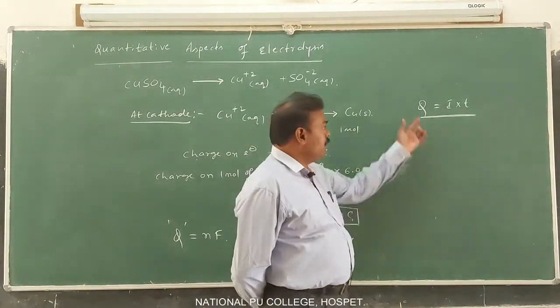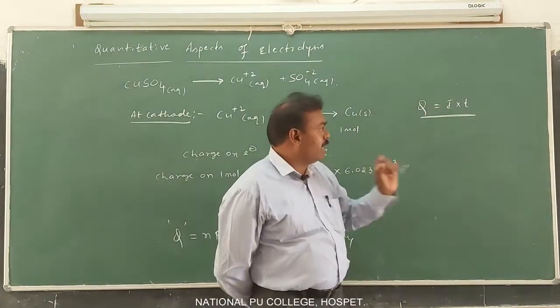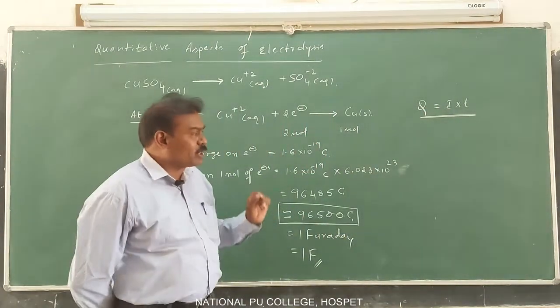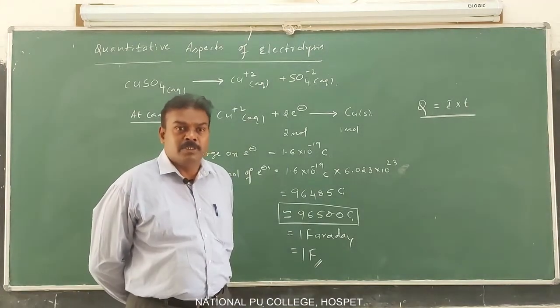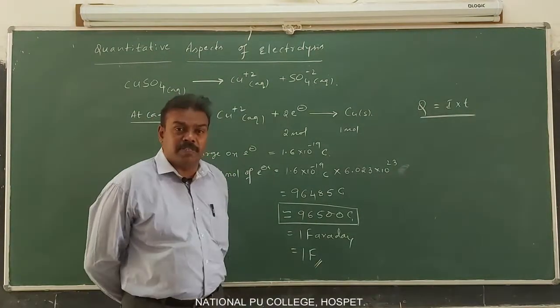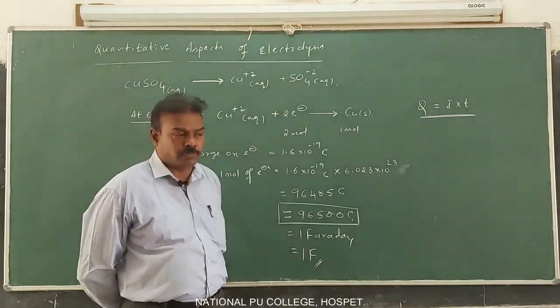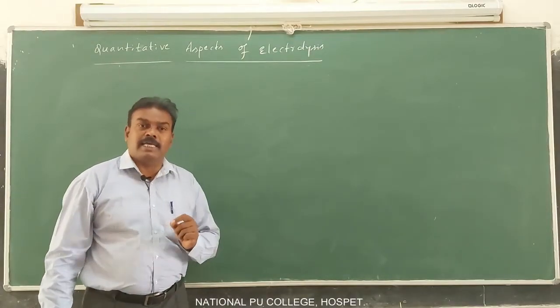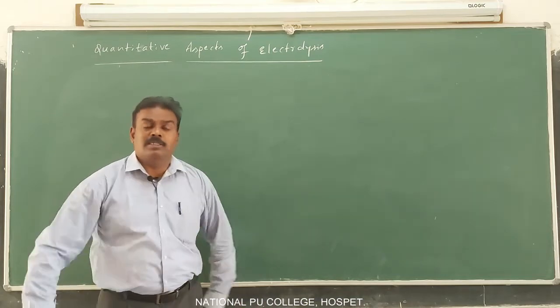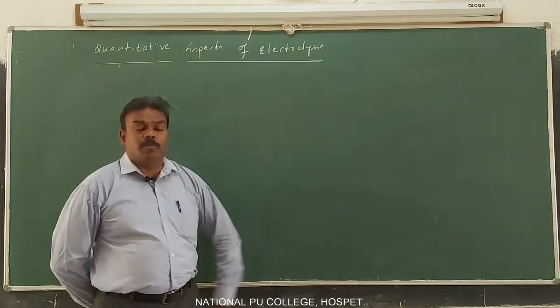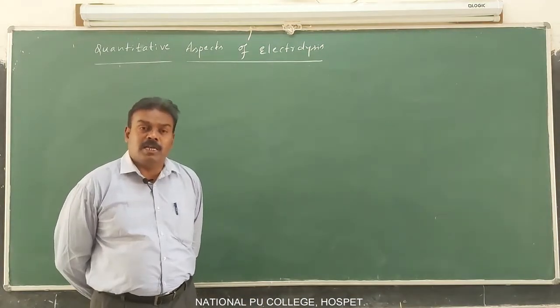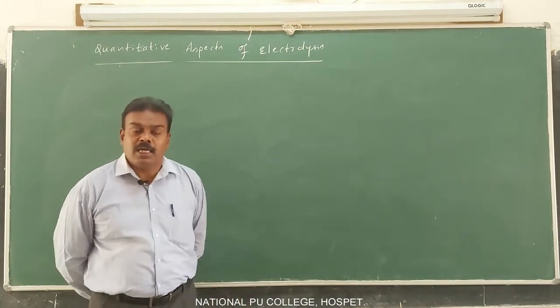In this way, Q is equal to I into t is one of the relations for the quantity of electrical charge passed through the wire. Now we have taken the example of copper sulfate, in which copper is produced, liberated or deposited on the electrode.